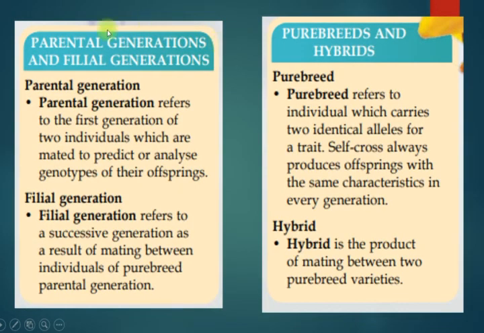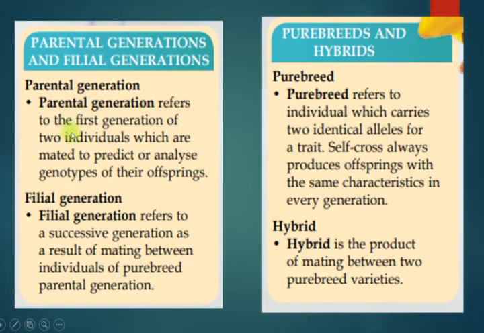Next we go to the parental generation and filial generation. Parental refers to the parent. What is a parental generation? It refers to the first generation of two individuals which are mated to predict or analyze genotypes of their offspring.